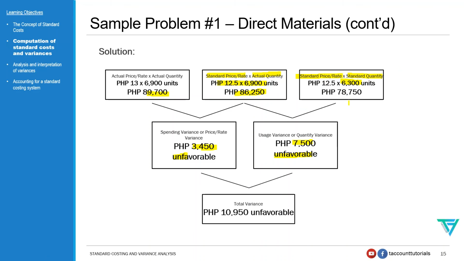And then if we combine these two variances together, we get 10,950 unfavorable, right? So both unfavorable leads to a greater unfavorable variance overall. Or another approach here is to get the difference between the actual and standard to arrive at the total variance. 89,700 less 78,750 gives you the same total variance amount, right?